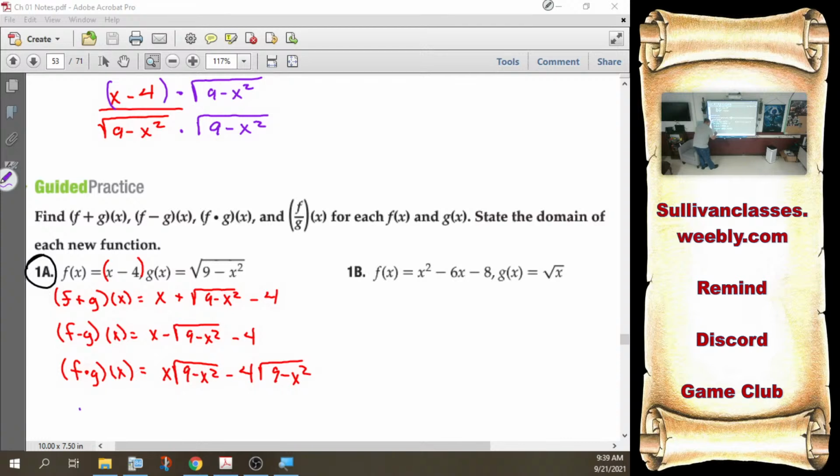So that one's extra ew. This one has x square root of 9 minus x squared minus 4 square root of 9 minus x squared all over. When I take a radical times a radical itself, it's just 9 minus x squared. Oh my gosh. Okay. All you needed was just the last answer to the F times B. Yep.